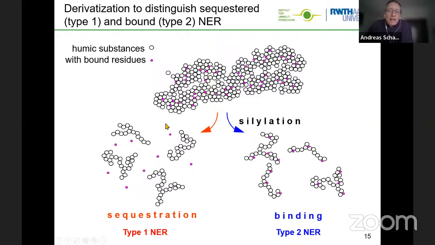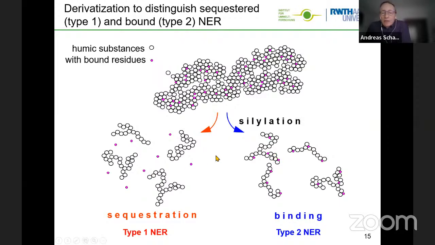Only by the silylation they are released. And the other possibility is that these residues are still sticking to these released humic acid and fulvic acid molecules.